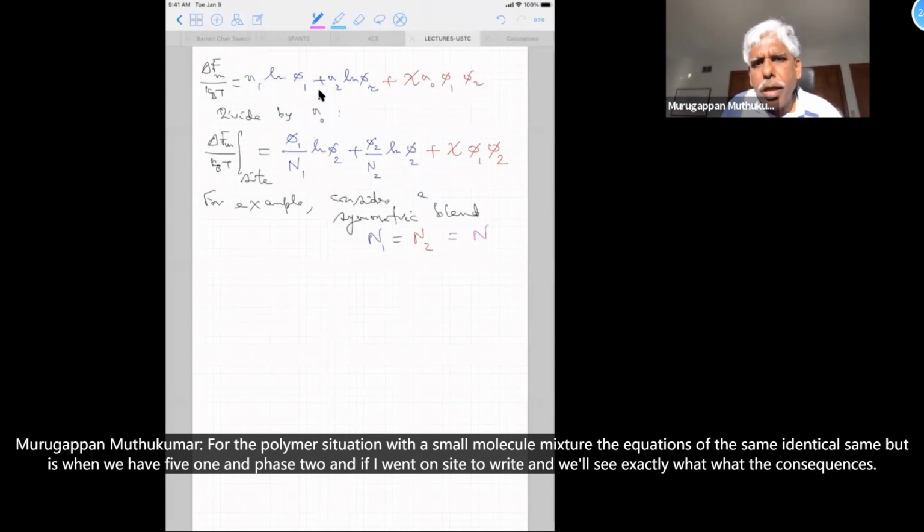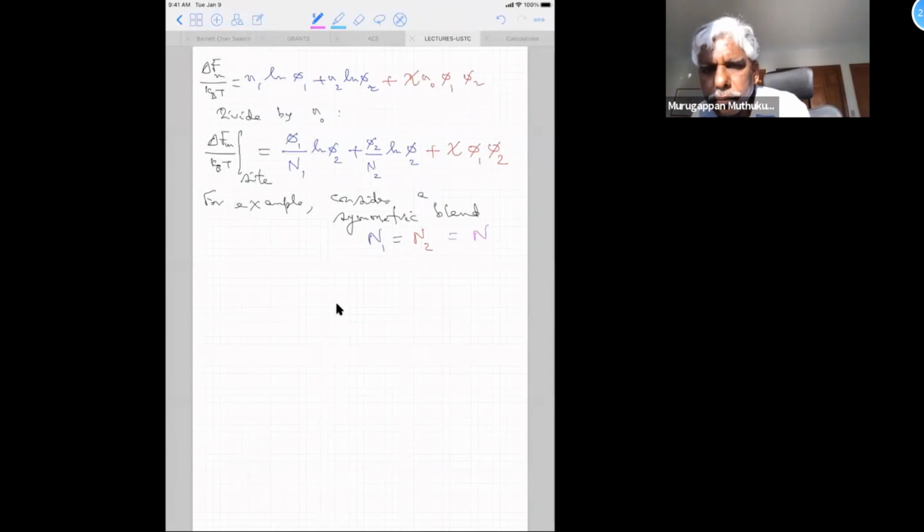The equations are the same, identically the same, but when we have phi 1 and phi 2, we will see exactly what the consequence is.